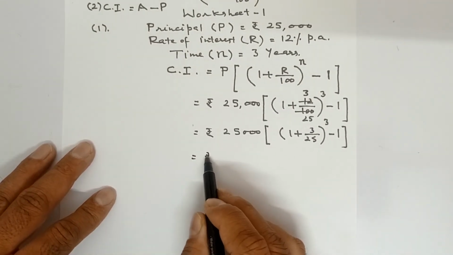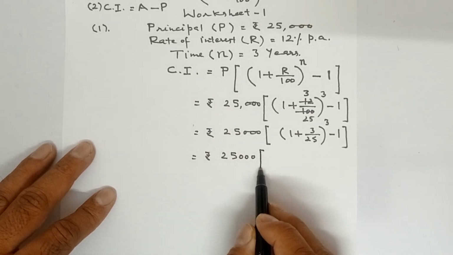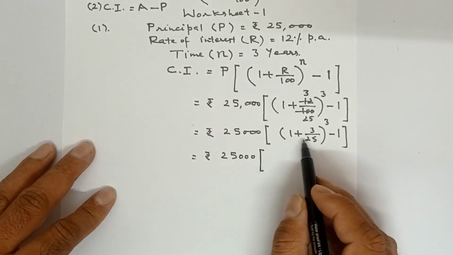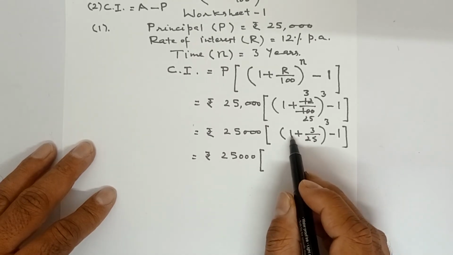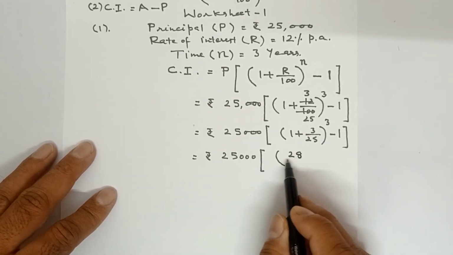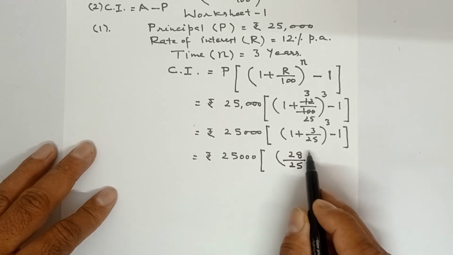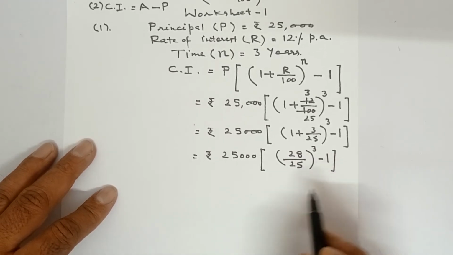So rupees 25,000 square bracket. Students find calculation difficulty here. It is very easy. 25 ones are 25 plus 3 is 28. So 28 upon 25, power is 3, minus 1.